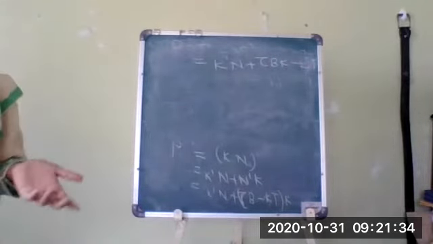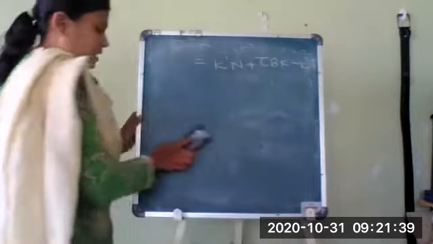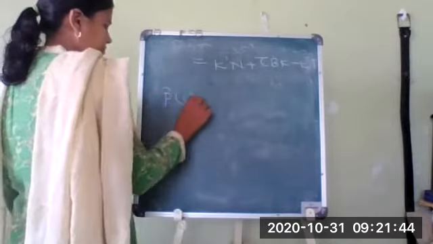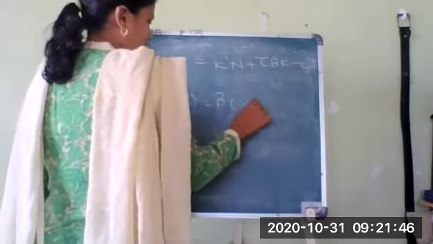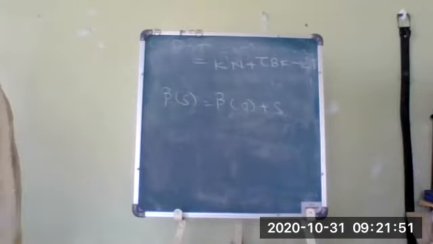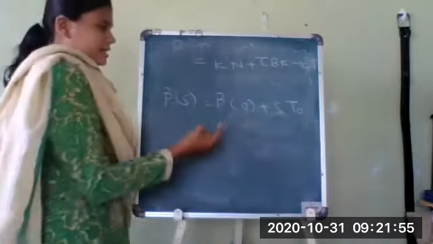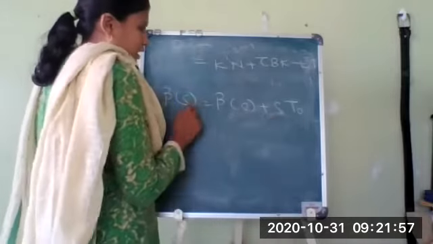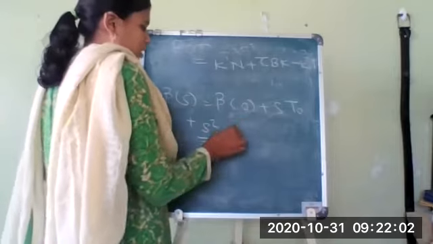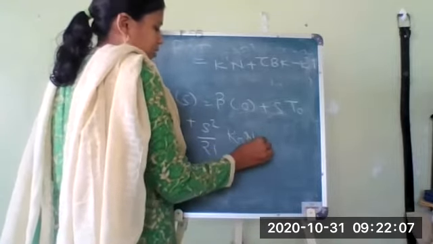Now let me put all those formulas in the equation that we have written with the help of the Taylor series. Finally we will write the equation: beta of s is equal to beta of 0 plus s times beta dash of 0. Beta dash is nothing but our tangent, and we are calculating at s equal to 0, so we write t naught. Plus what is the next term? s square by 2 factorial t dash. What is the formula for t dash? It is k into n, k naught into n naught.